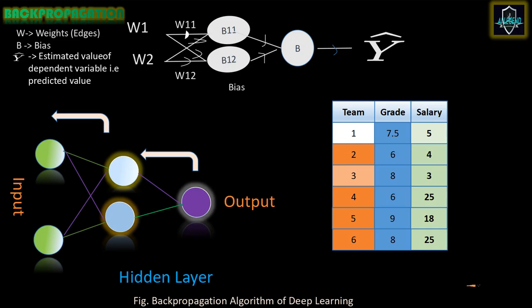Then the grade for team 1 is 7.5, and they got a 5 plus LPA package, and team 2 having grade 6 will get 4 plus LPA. Now if we look at team 3, grade 8 out of 10, will get 3 plus LPA. On the other hand, team 6 also having a grade receives 25 plus LPA.